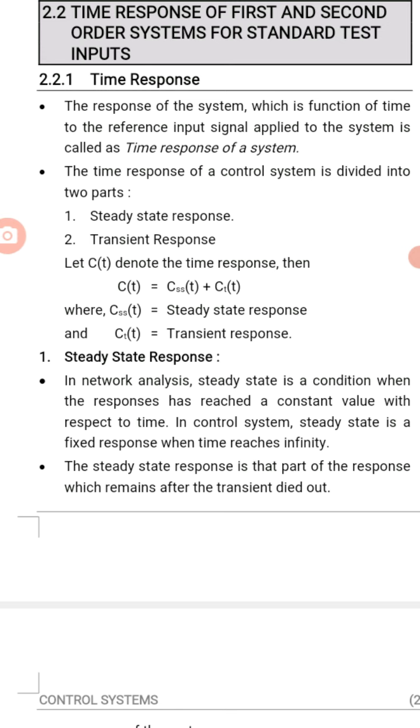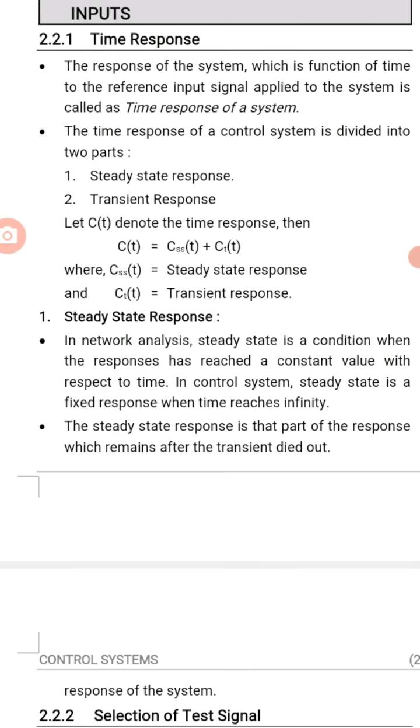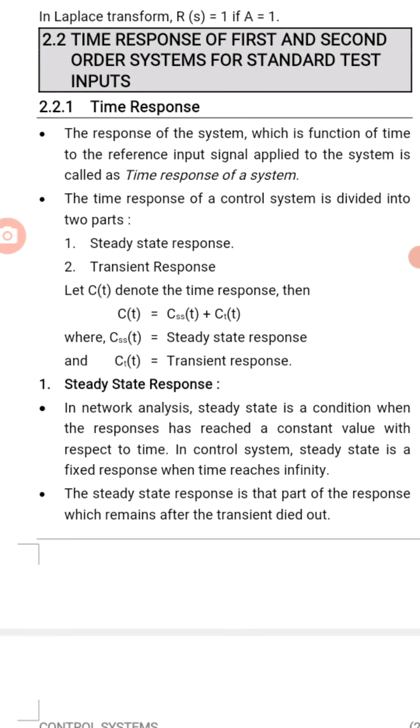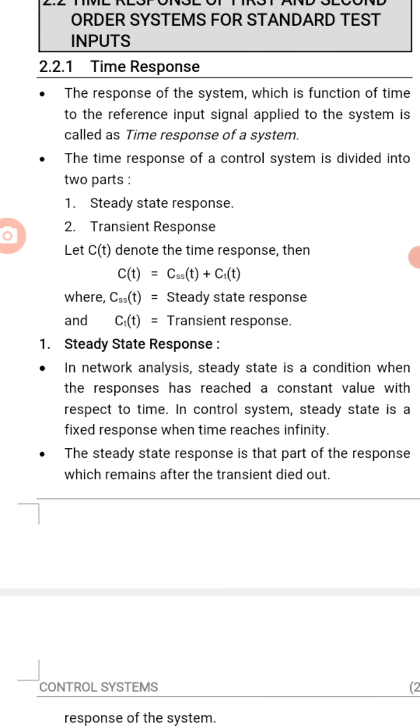The steady state response is the DC value of that test input, and hence we calculate the time response in two parts. One is the steady state response and the other is the transient response. So the total response is the transient response plus the steady state response.